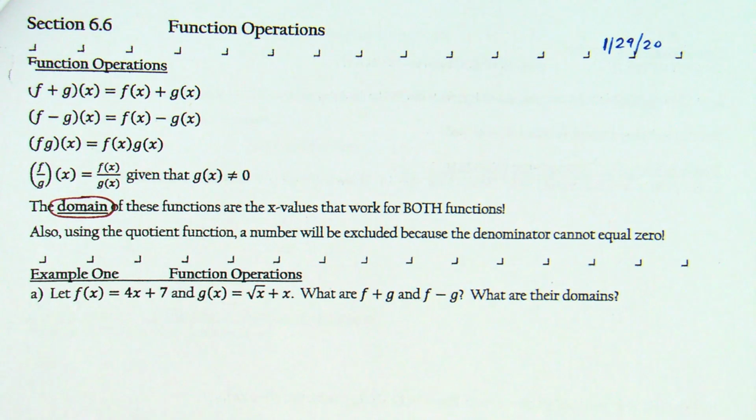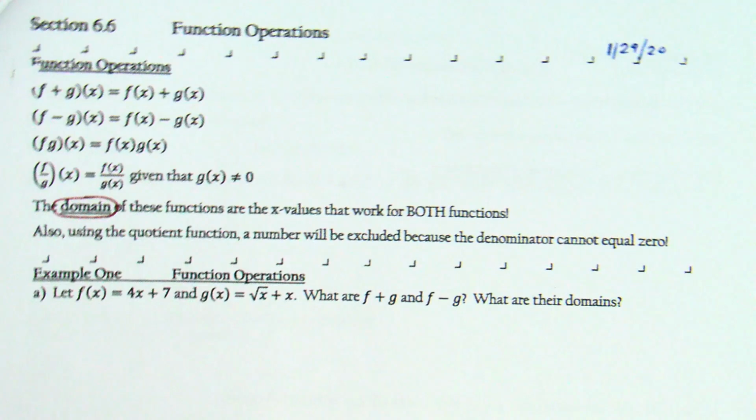So we're just talking about what x values work versus what you cannot use. The domain of these functions are the x values that work for both functions. And with the quotient function, a number will be excluded because the denominator cannot equal 0. So we'll talk about some of the big pieces as we go along.